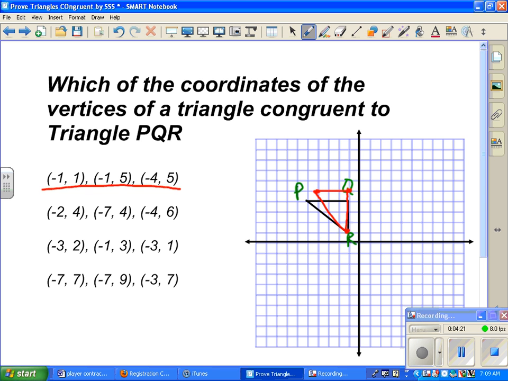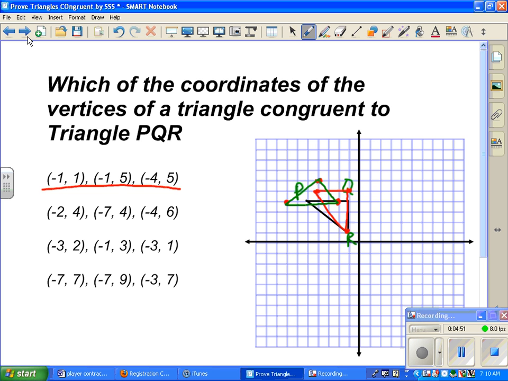Now I go to -2, 4. 1, 2, 3, 4. -7, 1, 2, 3, 4, 5, 6, 7, 4. And -4, 1, 2, 3, 4, 6. Okay, we'll put this triangle in a different color here. Alright, good. Let's go blue with the next one.